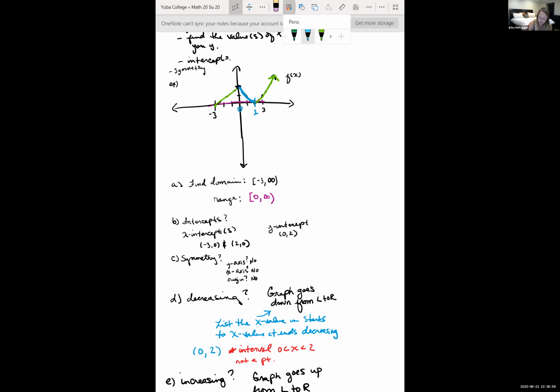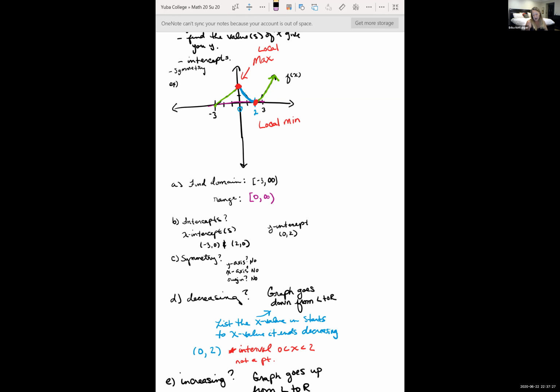So notice right here, we have two of them that are obvious, right here and right here. So this is a max, it's a local max. And this right here is a local min, or minimum.